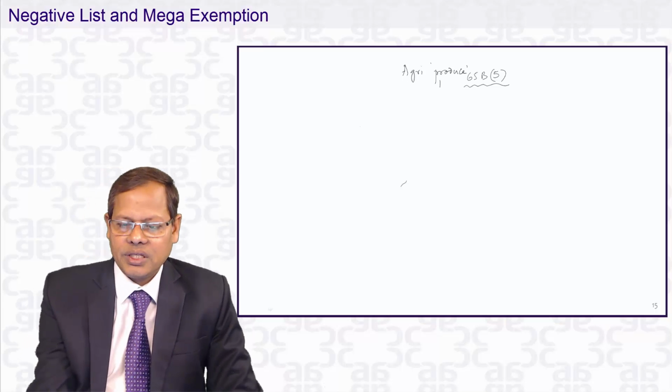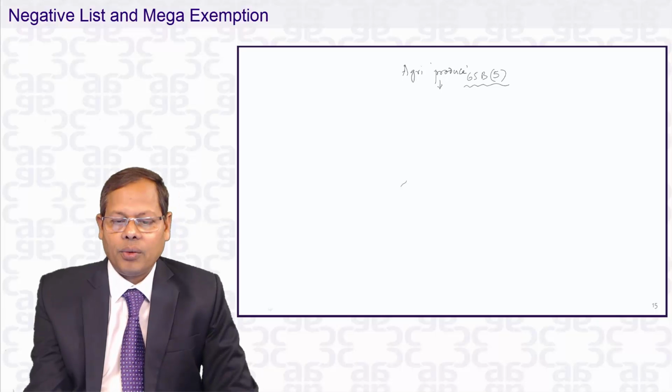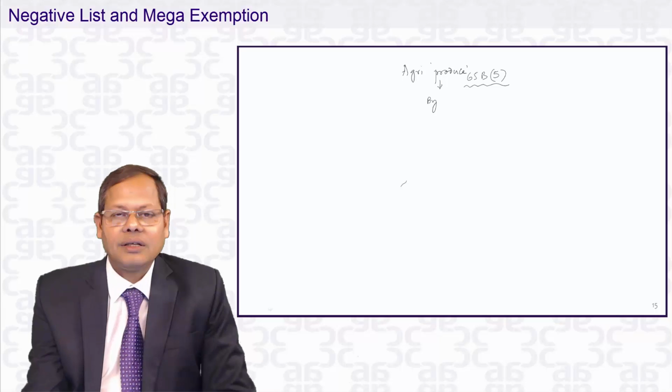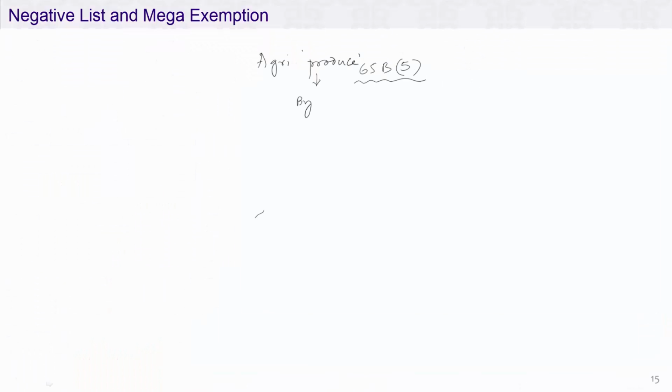So basically the operations are done by an agriculturist, out of agriculture, done by a cultivator normally, not machining processes that are not normally done by a cultivator.